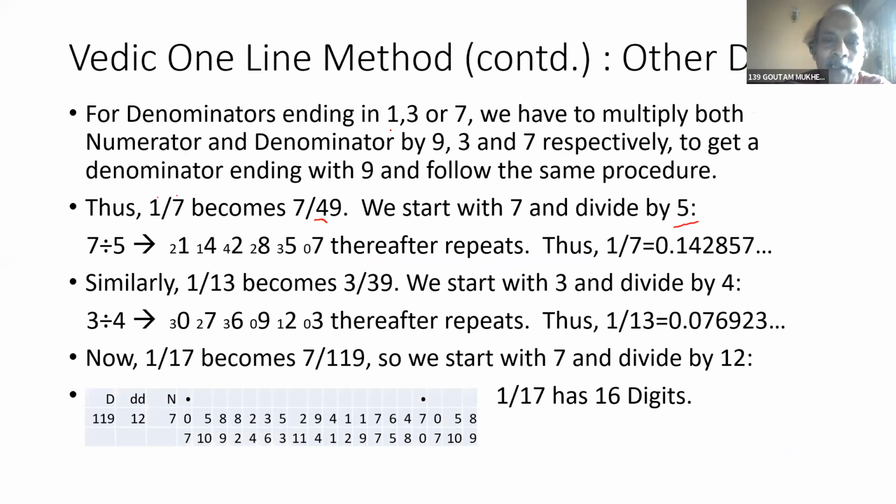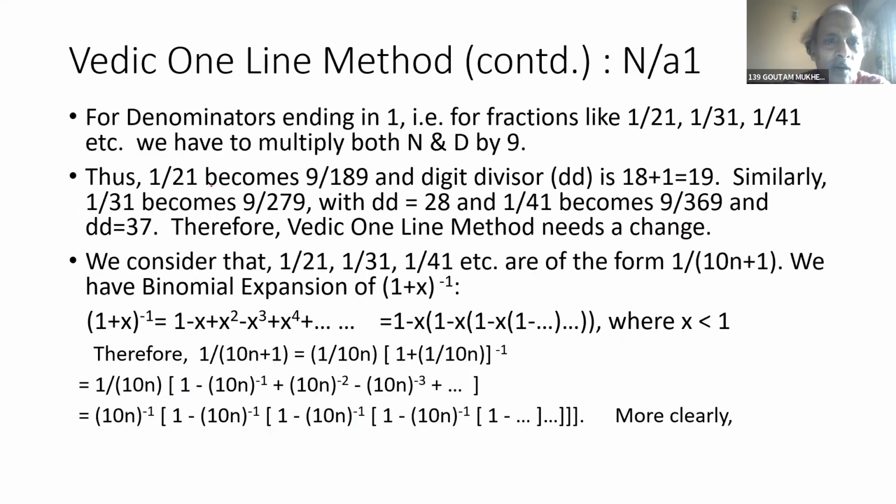In the case of numbers ending in 1, 3 and 7, I have to multiply by 9, 3 and 7. In case of 1, I have to multiply by 9. It becomes very big. 1 by 29 becomes 9 by 189, so that digit divider becomes 19. So I wanted to save dividing by 21, but I arrived at dividing by 19.